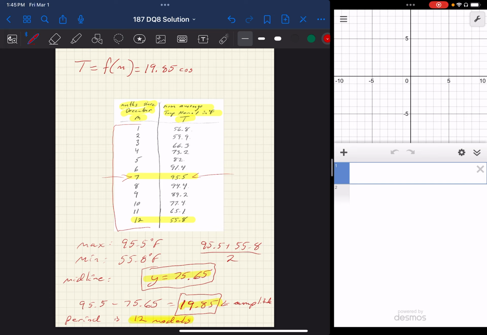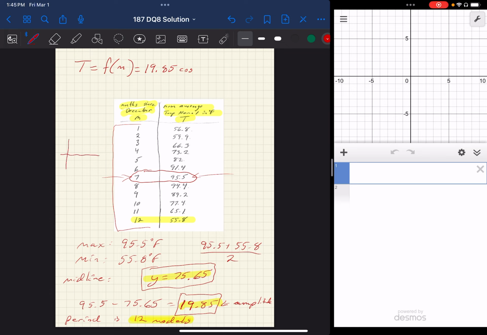cosine. Oh, but why am I using cosine? Let's talk about that for a minute. The reason that I chose to use the cosine function is because right here, I know the maximum value and I know where that maximum value occurs. And the parent function for a cosine, right?